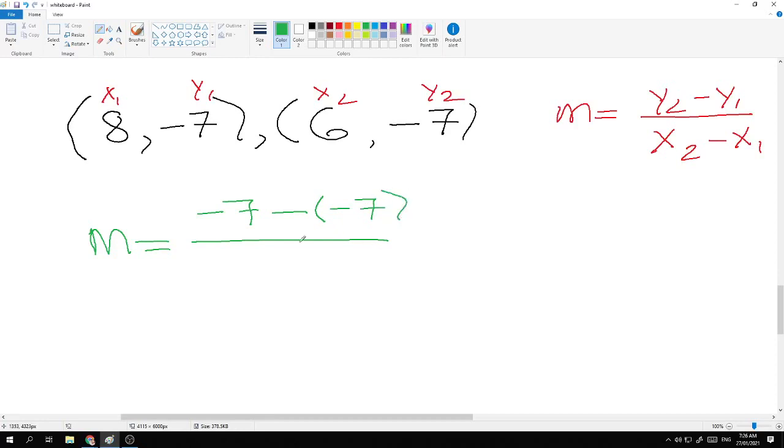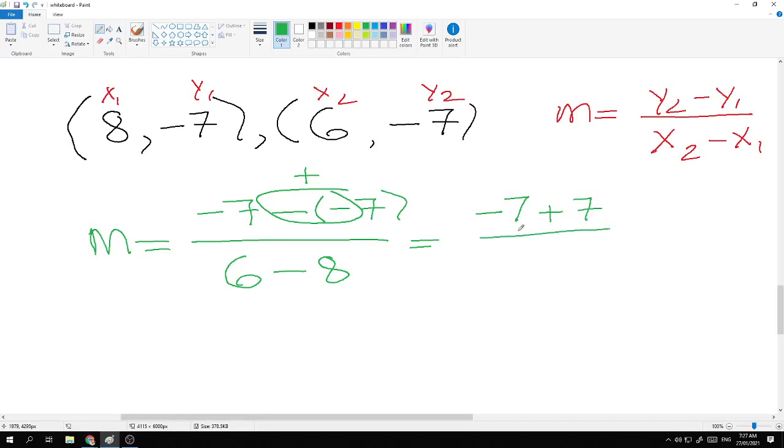That's correct. What about the x sub 2 and x sub 1? 6 minus 8. So this becomes positive 7. So we have negative 7 plus 7 all over 6 minus 8, negative 2. What is the numerator equal to? 0.